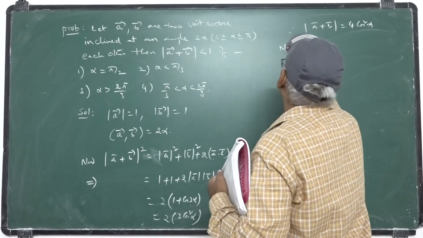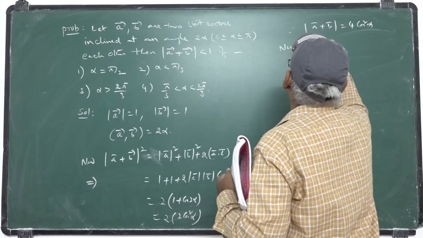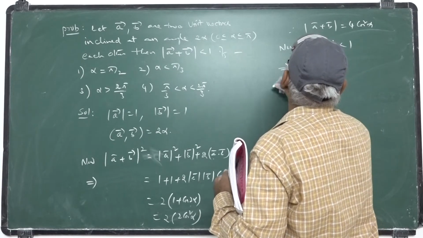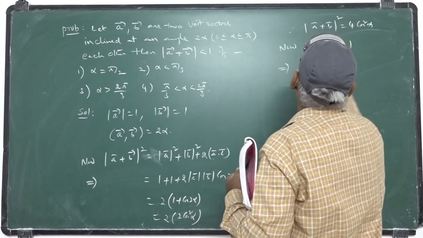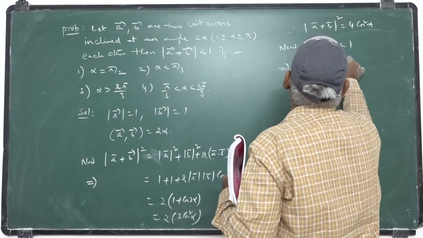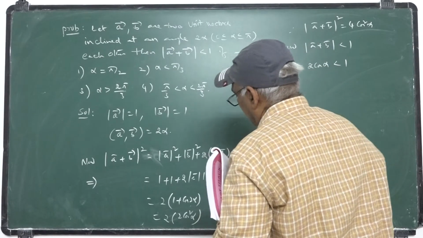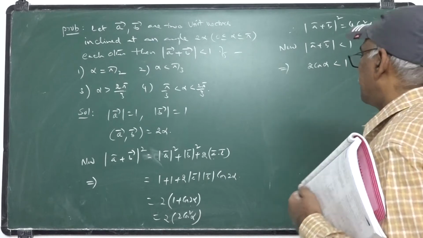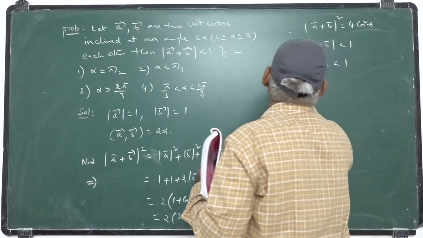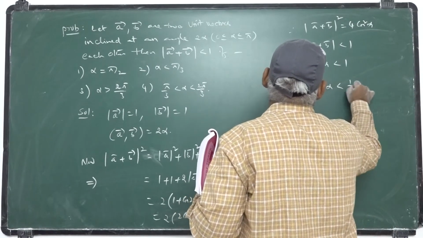Now, modulus of A bar plus B bar is less than 1 implies the square, 4 cos square alpha, is less than 1. Modulus of 2 cos alpha is less than 1. So hence cos alpha is less than 1 by 2.